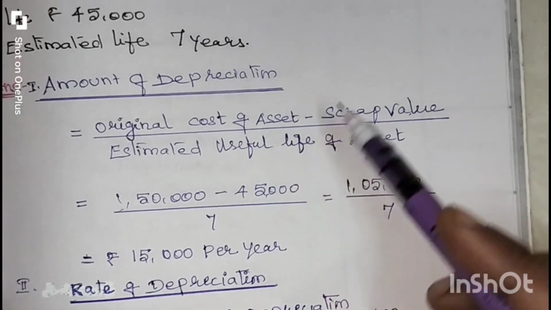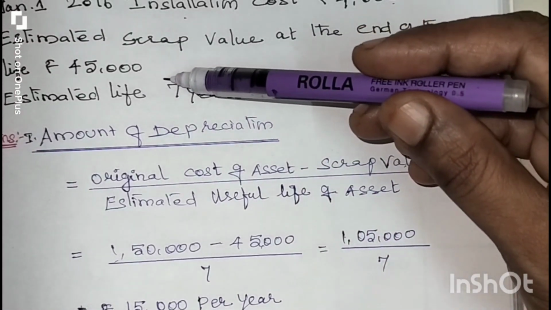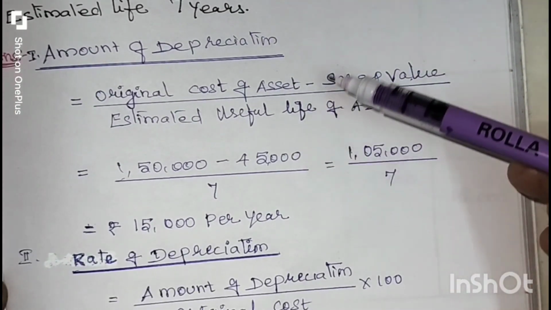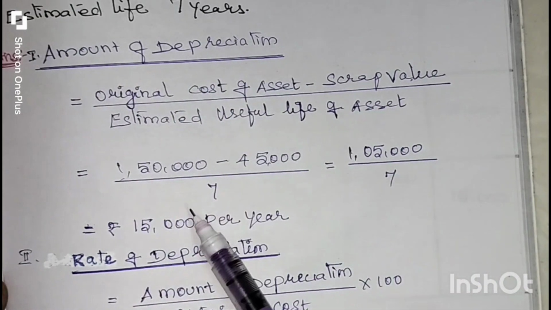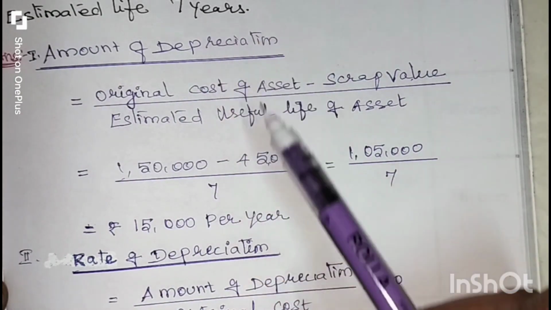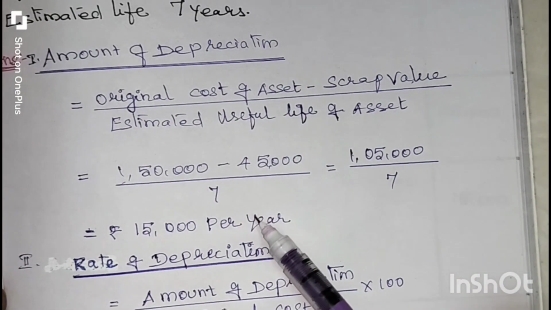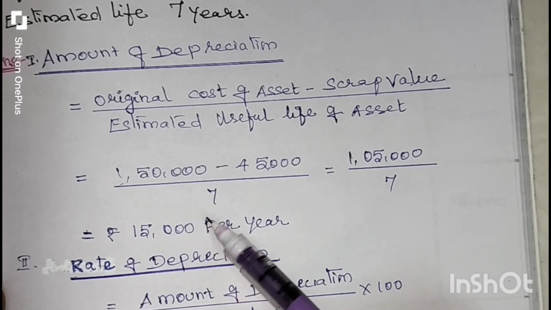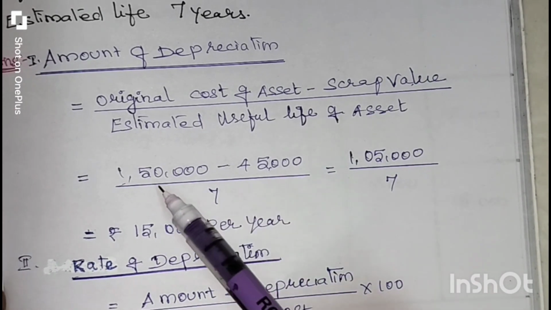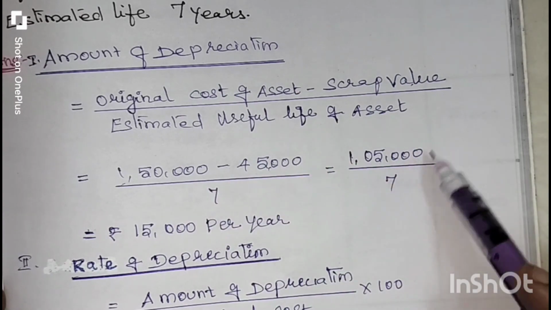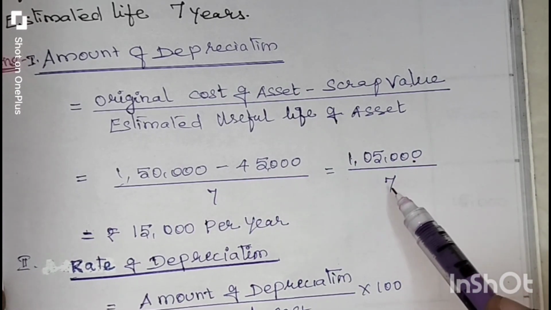The estimated scrap value given here is 45,000, and we divide by the estimated life, 7 years. So we subtract 45,000 from 1,50,000 and get 1,05,000, divided by 7.